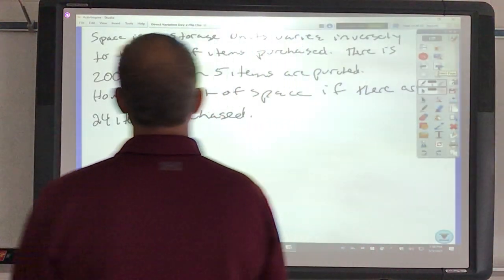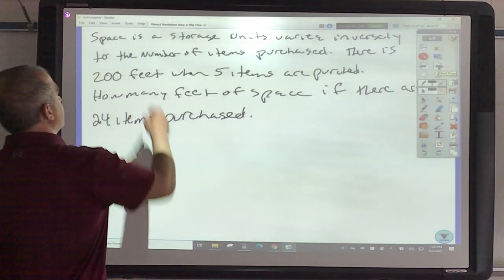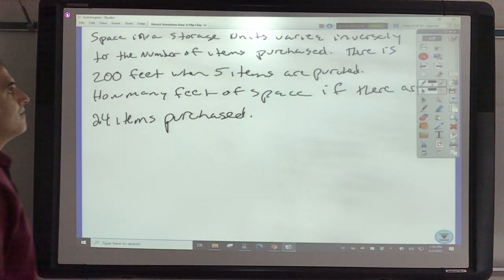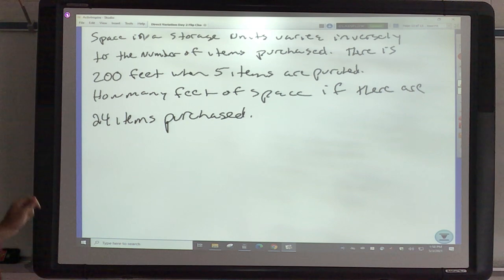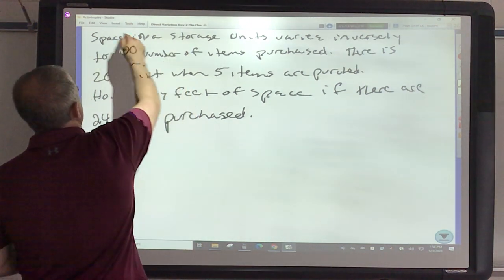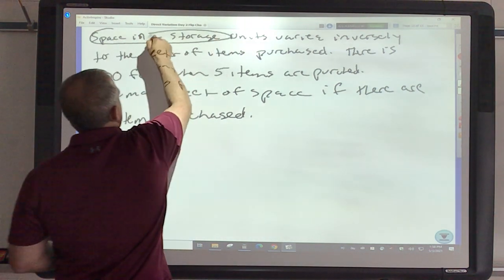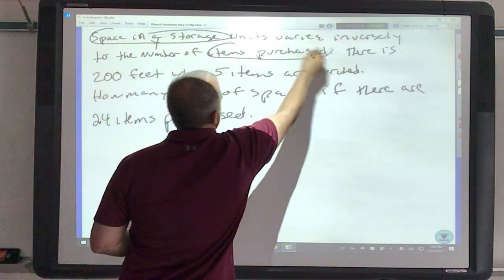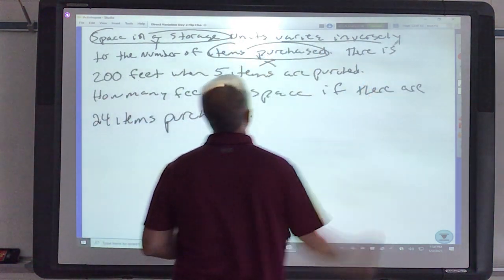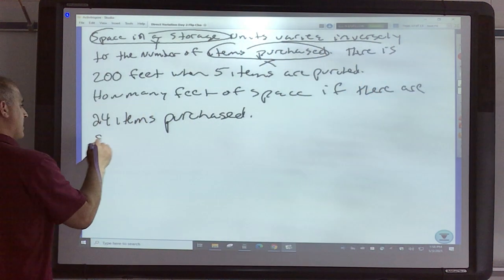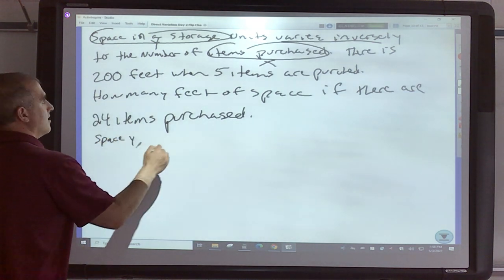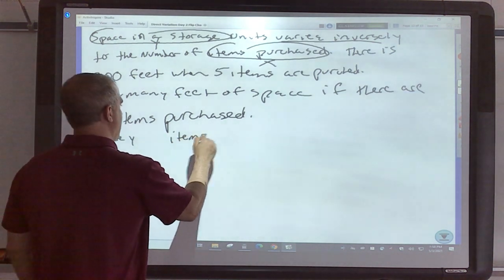Space in a storage unit varies inversely with the number of items purchased. So space will be y, items will be x, and it varies inversely. So I'm going to write that down. Space is y, items is x.